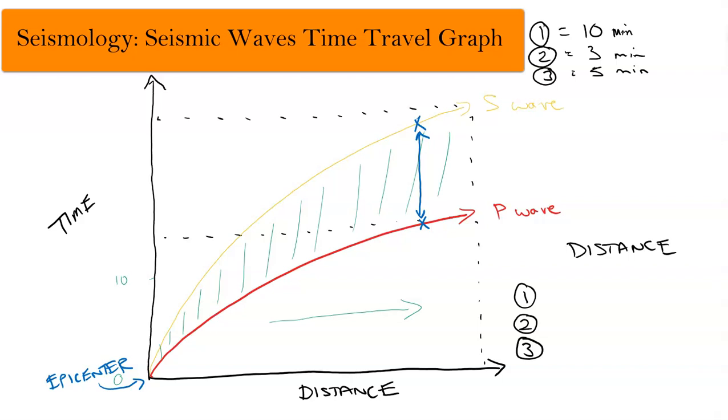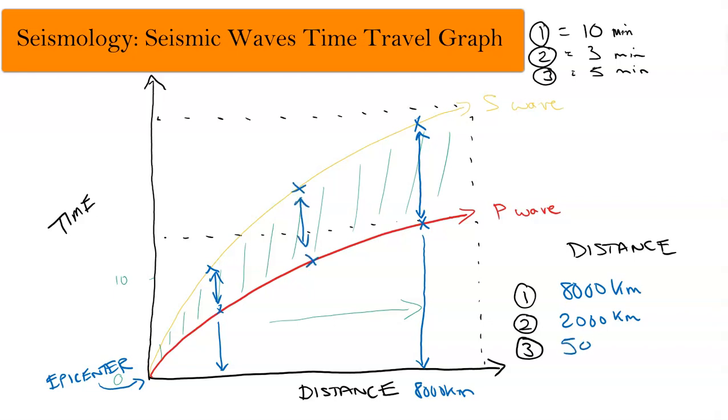All you do is go down vertically to the distance, and let's say it gives you 8,000 kilometers. So for location 1, the distance is going to be 8,000 kilometers. For 2, it's 3 minutes, which is right here, down, and it's going to be 2,000 kilometers. And for location 3, 5 minutes, right here, it's going to be, let's say, 5,000 kilometers.